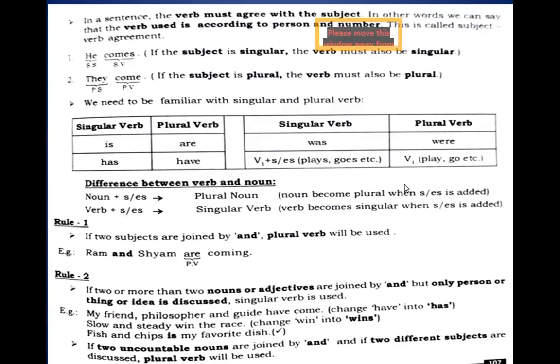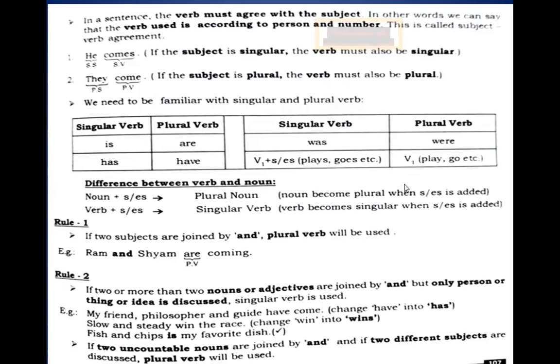I hope that you all must have understood what we need to get here. When you are joining more than two by and, but you are talking about only one person, thing, or idea, that means it is referring to one. Then there will be a singular verb used.